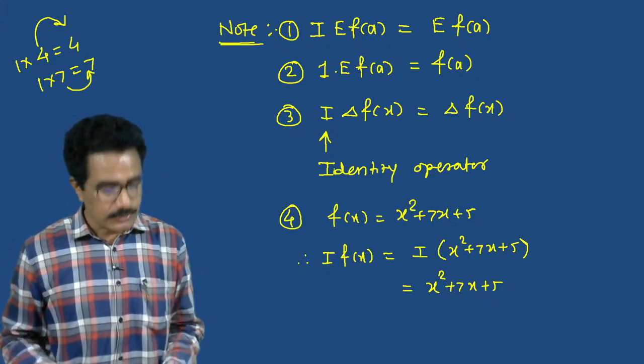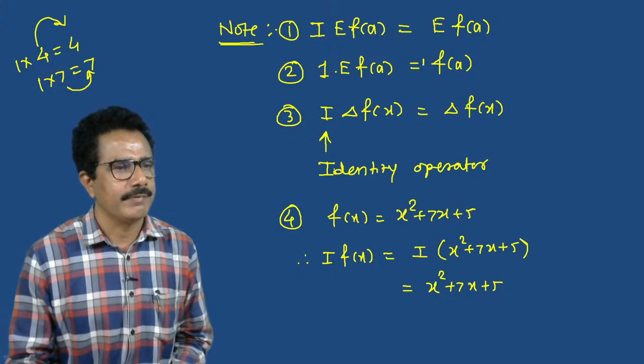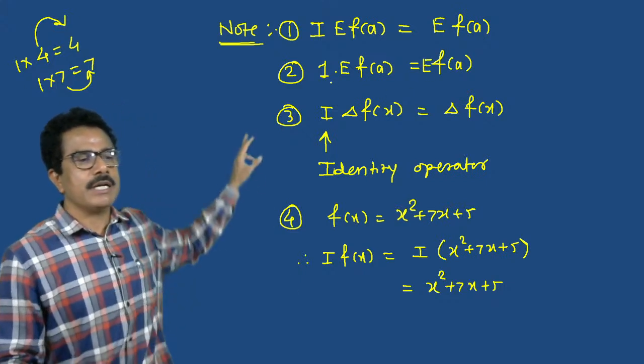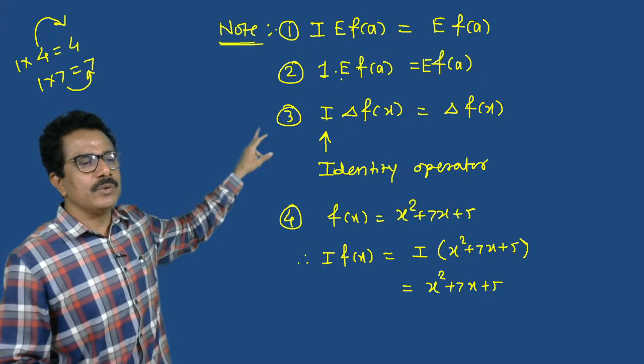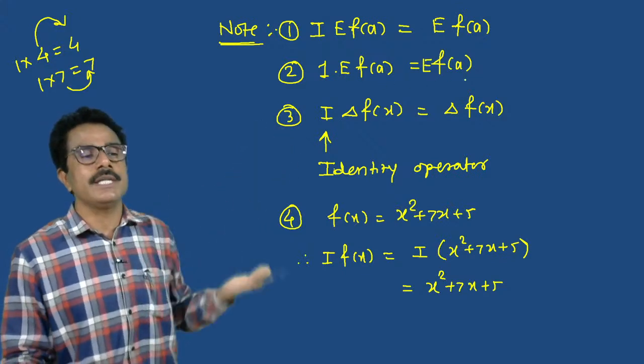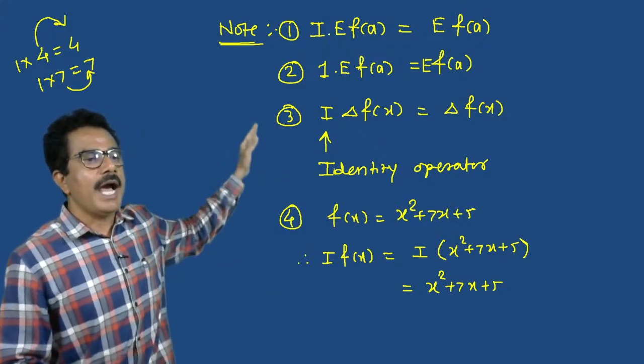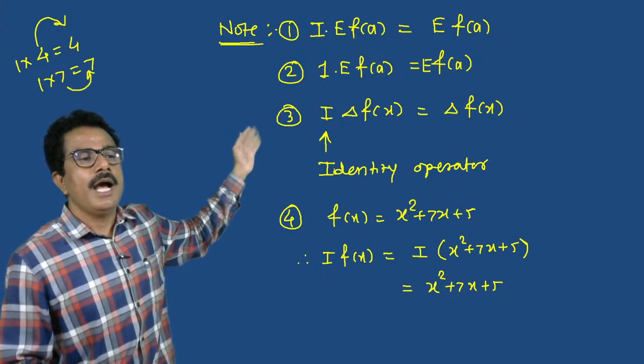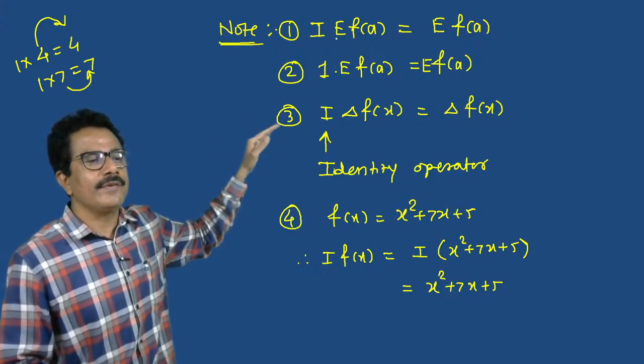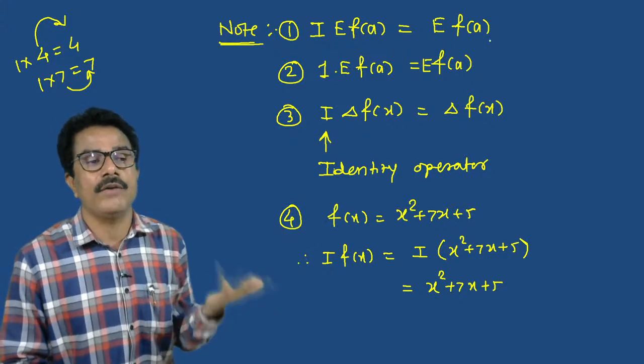Sorry, here E should be kept, E was forgotten here, see, 1 into E of f of a which gives E of f of a, or we can write I of E of f of a which gives E of f of a.